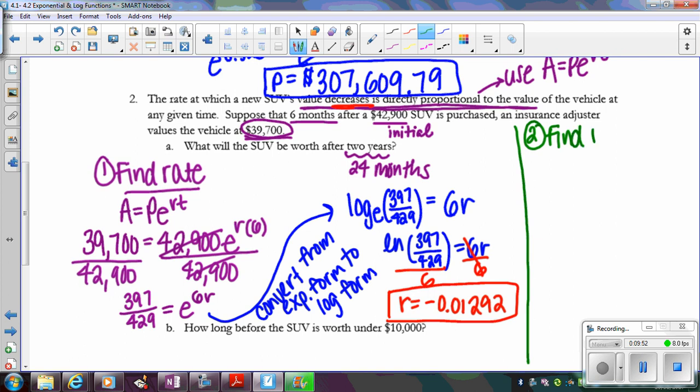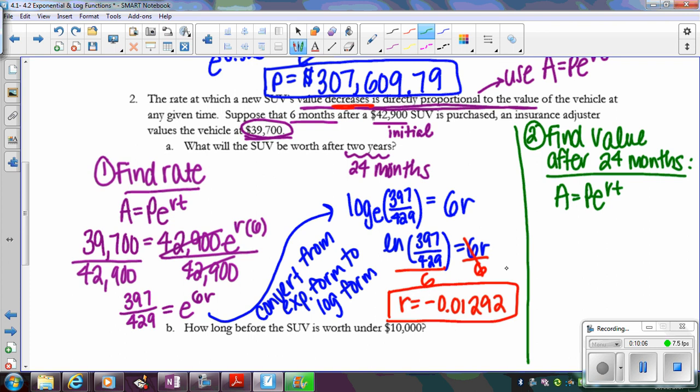So we're going to find the value after 24 months. I'm going to use my same formula, but now I'm going to use this rate, now that I know this rate. I'm trying to find the amount, so I'm not using the 39,000 anymore, because that's the amount after 6 months. Since I'm changing the time period, I'm changing the final amount.